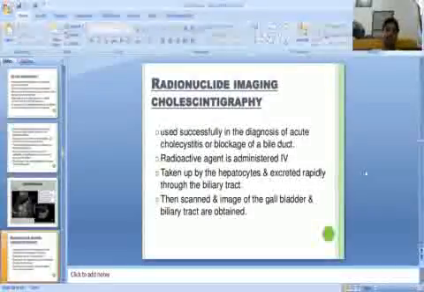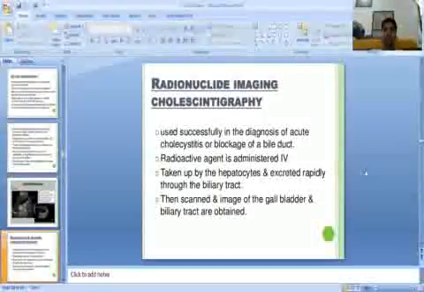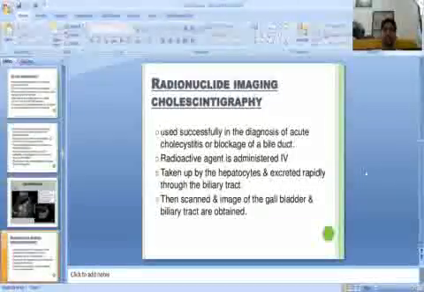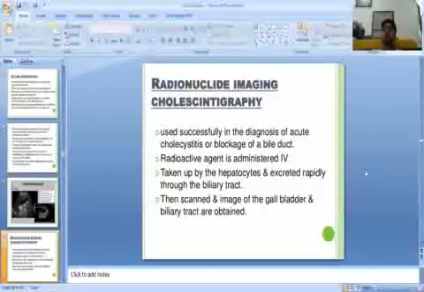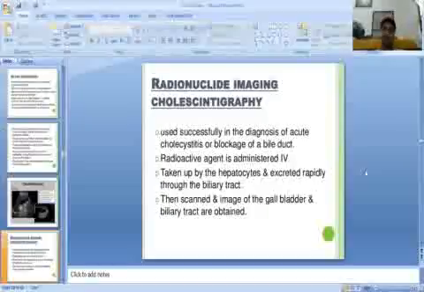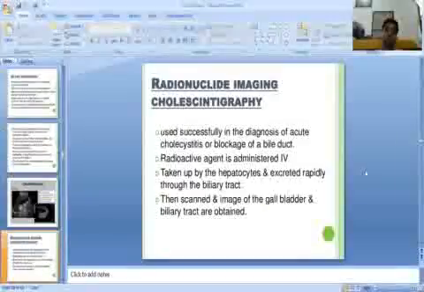Radionuclide imaging, cholecystography. It is used successfully in the diagnosis of acute cholecystitis or blockage of a bile duct. A radioactive agent is administered IV, taken up by the hepatocytes and excreted rapidly throughout the biliary tract.